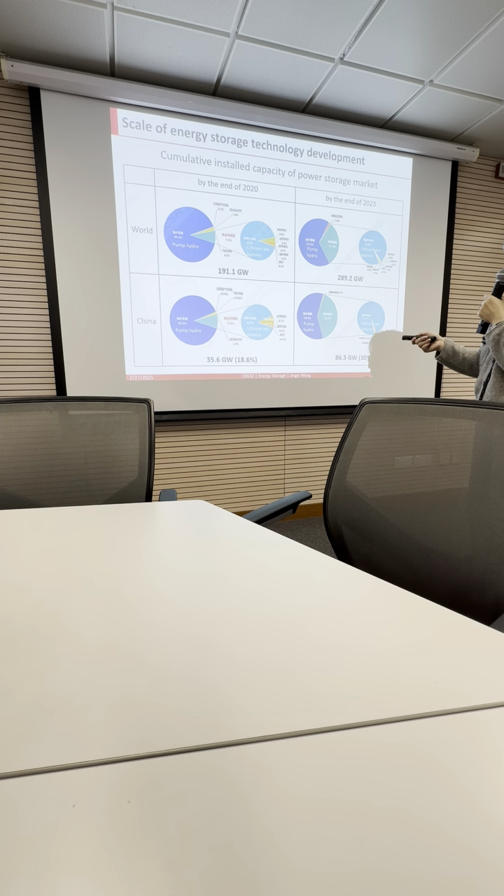And in China, it's almost the same, and we can see the numbers here. The installed capacity in China is about 35 gigawatts, which accounts for about 18% of the overall installed capacity in the world, roughly a 20% share.